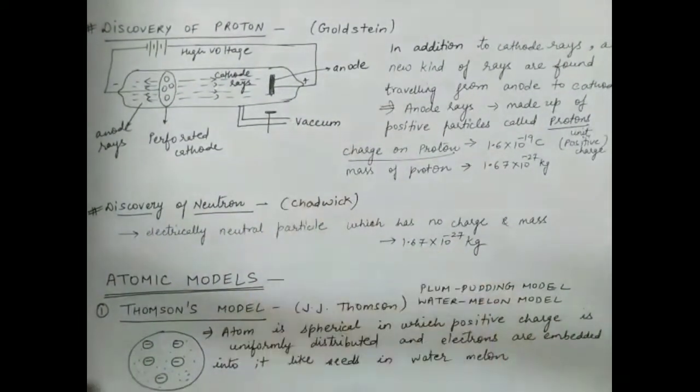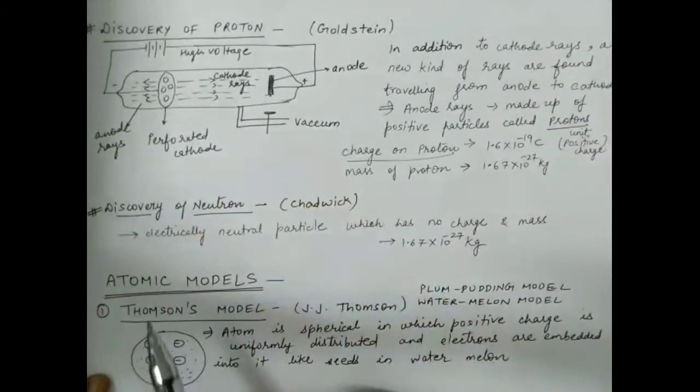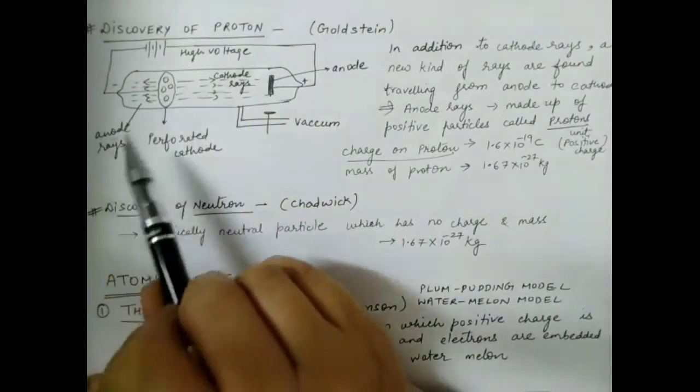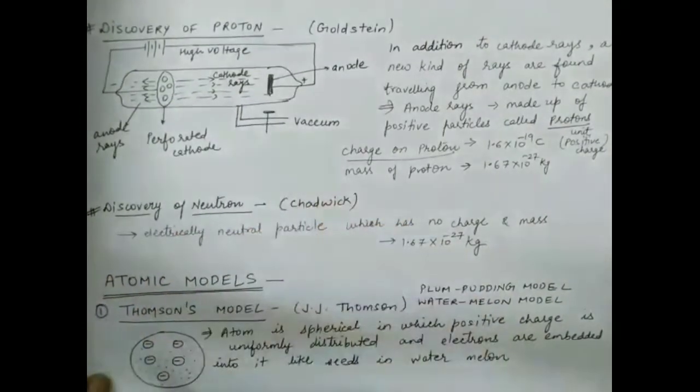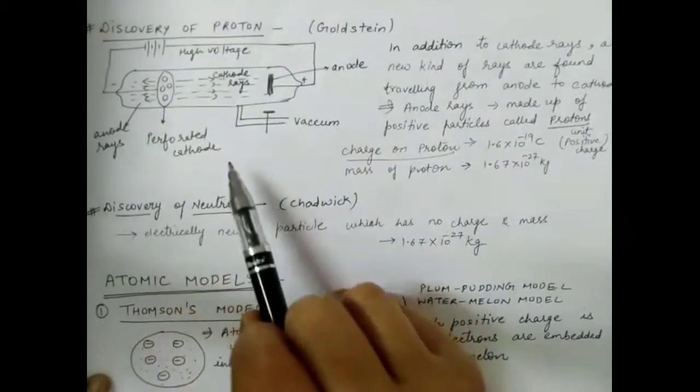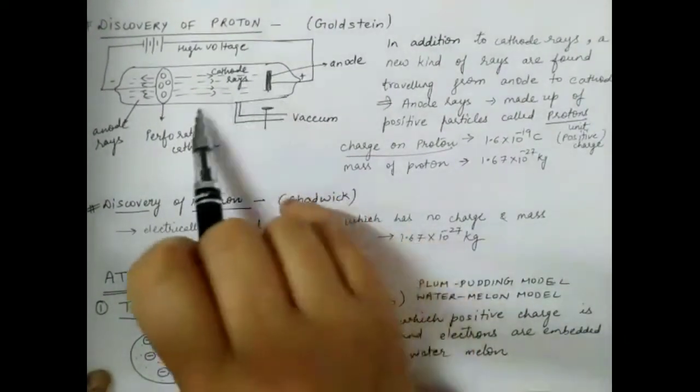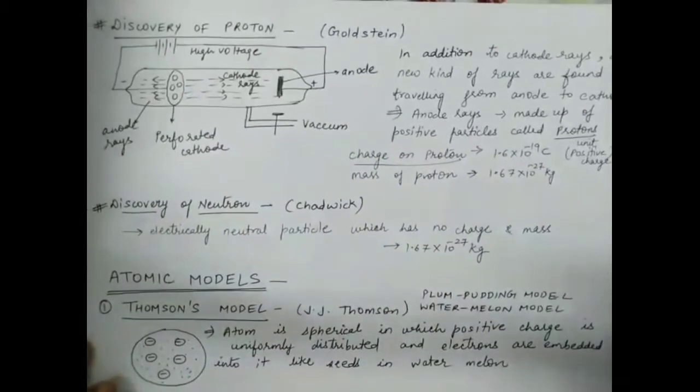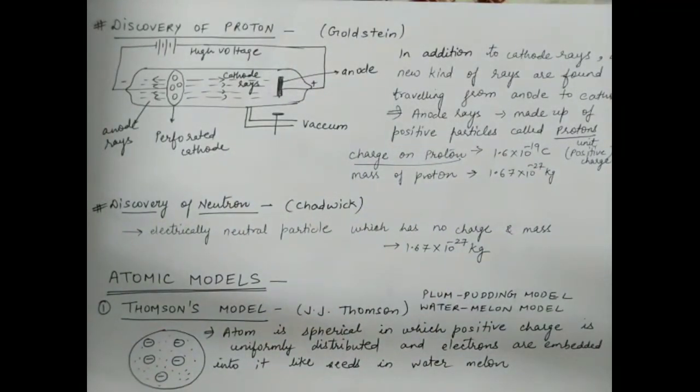Again, when the pressure was low and voltage was high, he found that just as cathode rays are emitted from cathode to anode, in the same way a new kind of rays are emitted from anode to cathode. Since these rays are emitted from the anode, they are known as anode rays, and since they travel towards the negative terminal, they are made up of positive particles, and these positive particles are known as protons.